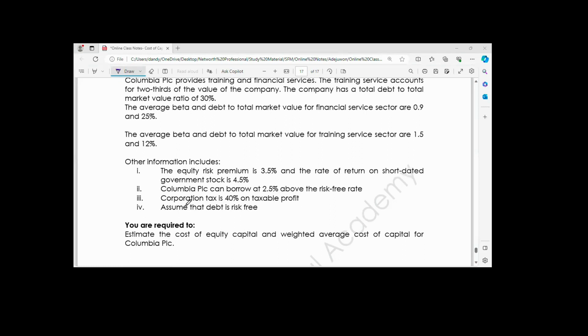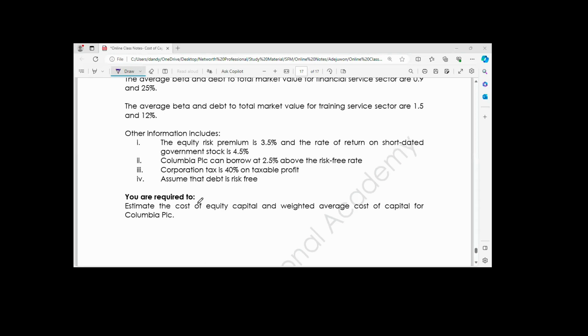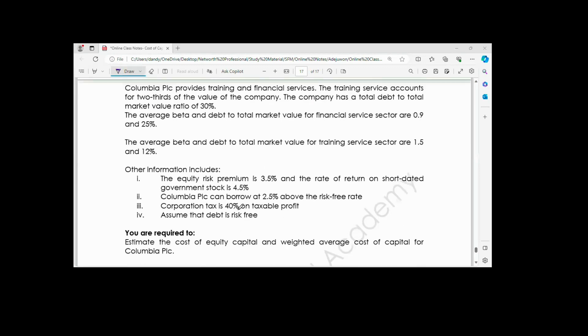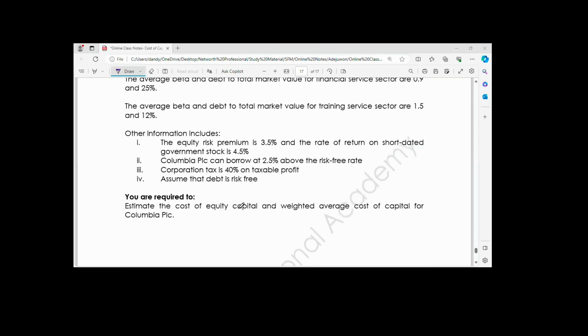Corporation tax is 40% on taxable profits. 4. Assume that debt is risk-free. You are required to estimate the cost of equity capital and weighted average cost of capital for Columbia PLC. So the examiner wants you to calculate cost of equity and then WACC for Columbia PLC.